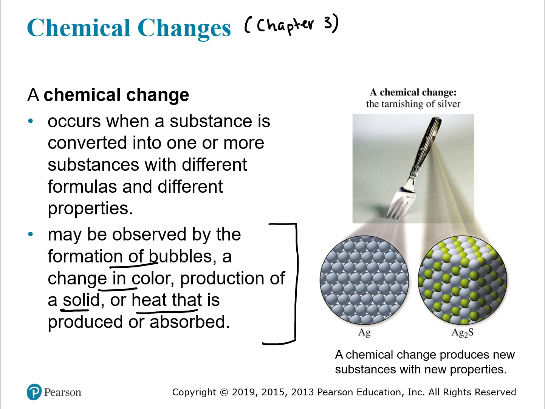Your reaction vessel gets hot or it gets cold as the reaction progresses. You don't have to see all of those changes for there to be a chemical reaction. Just one will do. Went into more detail in the Chapter 7 video. We're not going to go into it here. I think this is something that you guys understand.